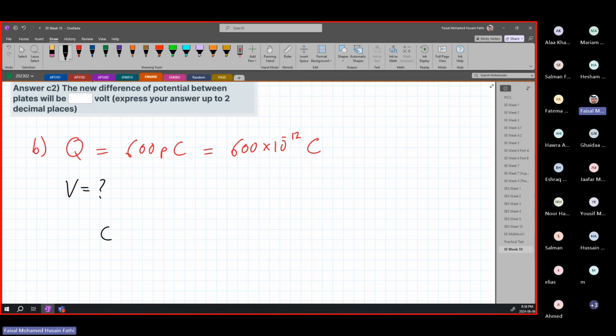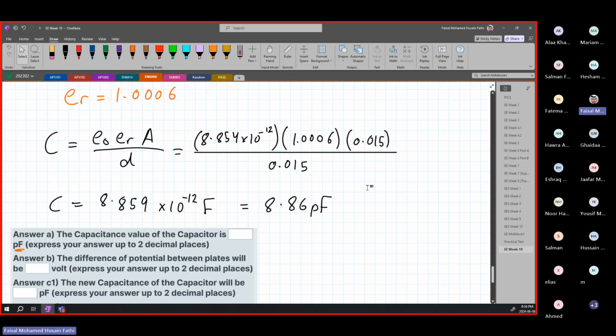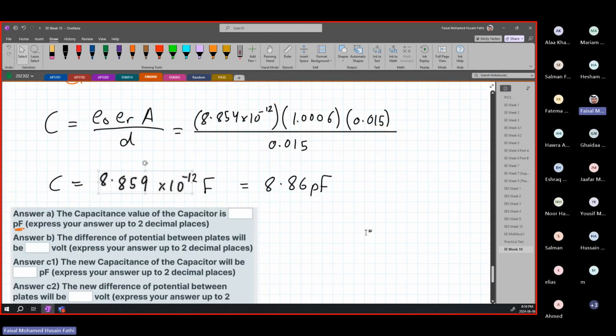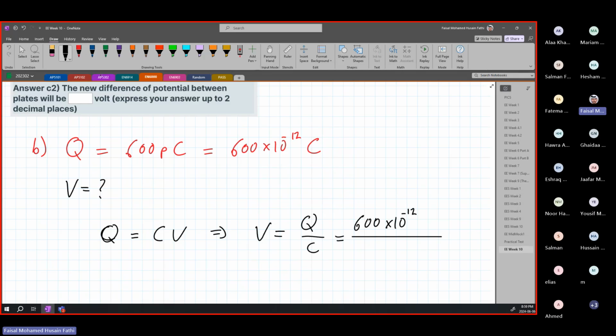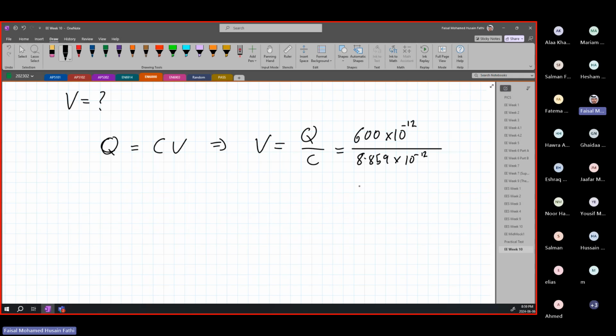Here you will be applying C equal to Q over V, or Q equal CV, or in other words, V is equal to Q over C, which is 600 times 10 to the negative 12 coulombs over, again, it's better to keep it all in standard units, 8.859 times 10 to the negative 12 farads. Usually the values of coulombs and capacitance are in the same power of ten.